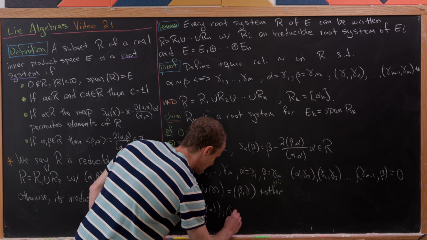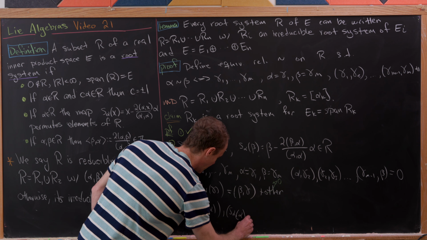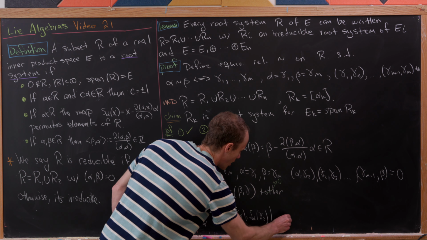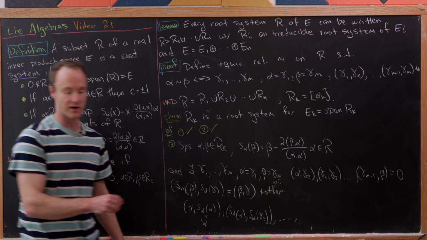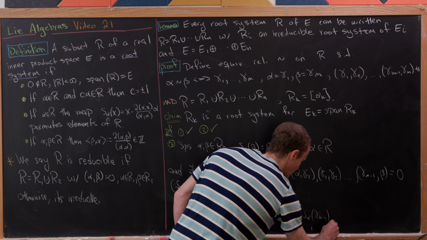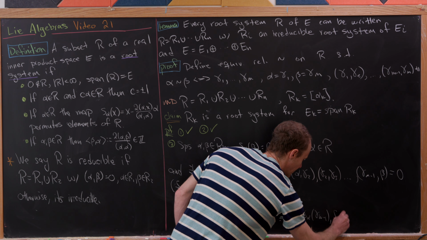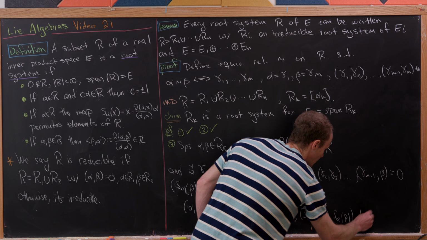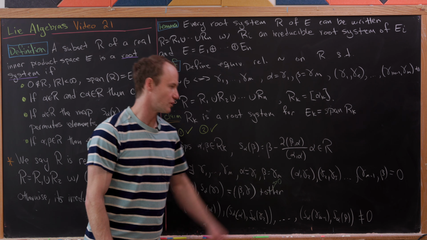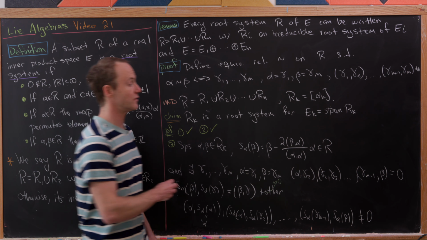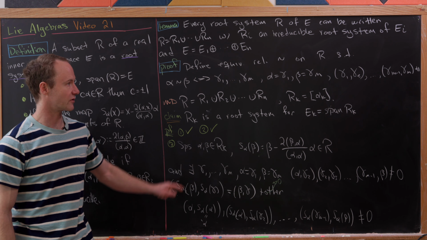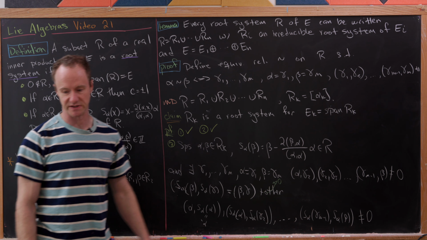Then S_alpha applied to alpha with S_alpha applied to gamma 2, and all the way at the very end, S_alpha applied to gamma m minus 1 with S_alpha applied to beta. These are all non-zero, because the original ones were non-zero as well. Oh, this should have been non-zero. I think I said it out loud, but I didn't write it correctly. Up here it's non-zero, as we see.